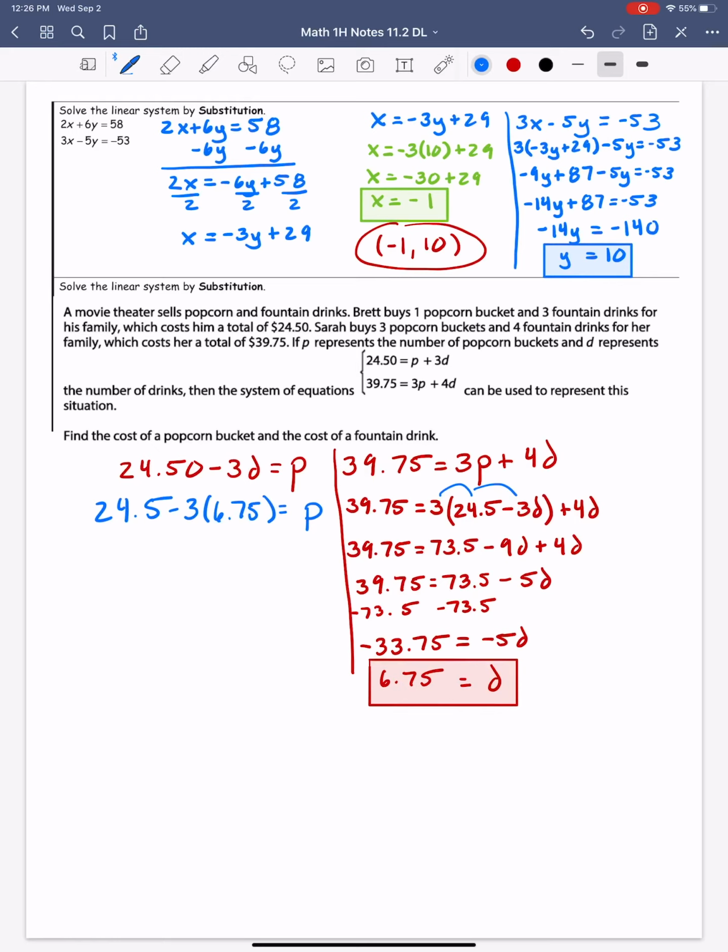I got to do 3 times 6.75, which gives me 20.25. So 24.5 minus 20.25 is 4.25 equals p. And that's going to leave me with p equals 4.25.